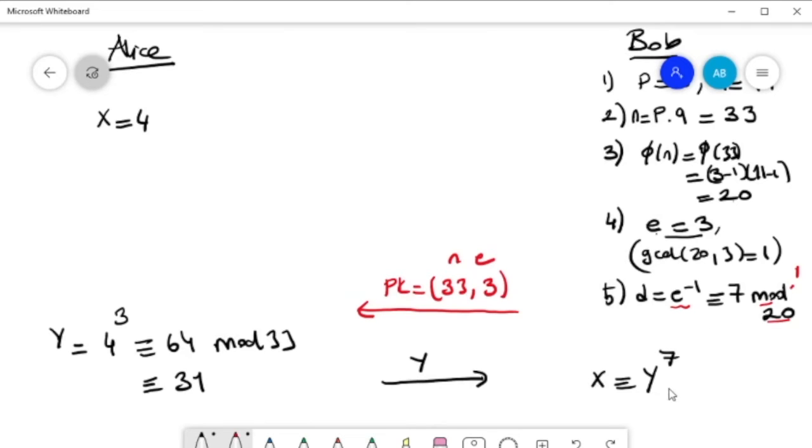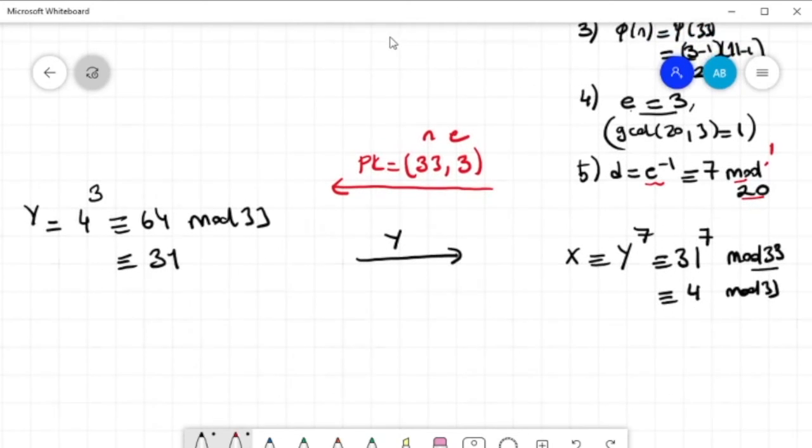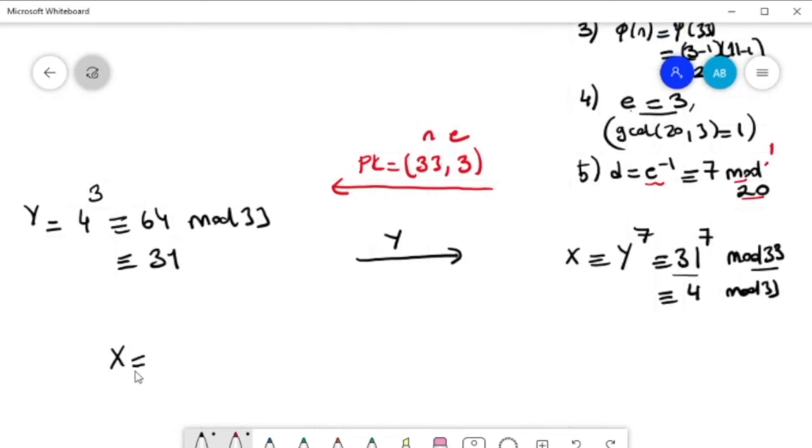because only Bob knows this, which is 31 to the power 7 modulo 33. This is important, which is 4 modulo 33. So here, in order to compute this with 31, you can always do some tricks.